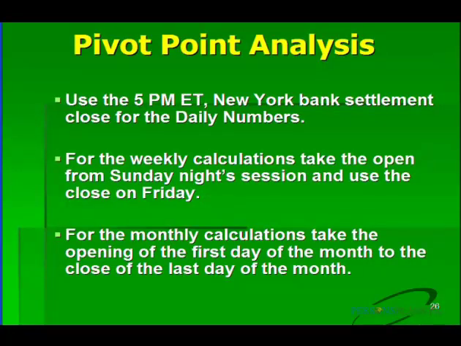So anything between Sunday's open and Friday's close, in that time frame, those actually 5.5 days, anything that's the low in that time period will be the value for the low. So we have the high, the low, and of course Friday, real simple, we're using the 5 p.m. bank settlement time for the weekly numbers.